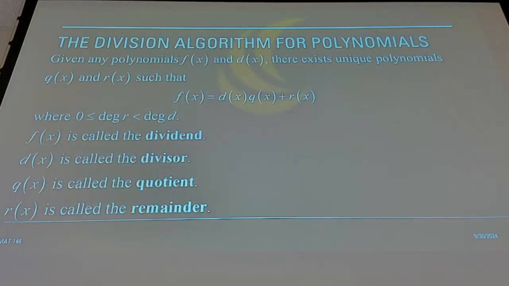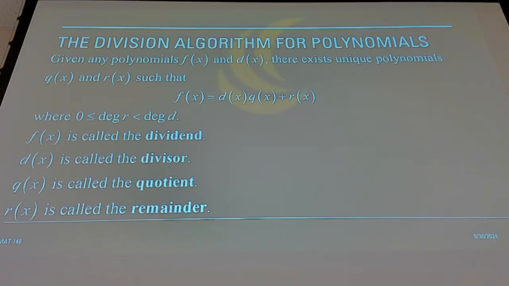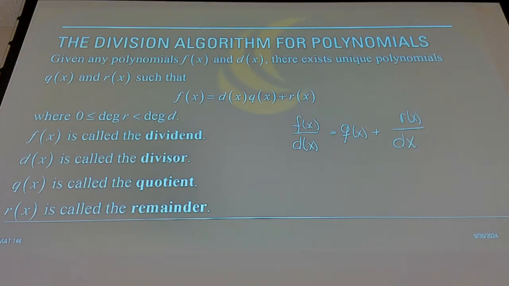So ultimately what we're doing is we're looking here. You divide everything through by d of x. That's what we get. Not dx over here. d of x.